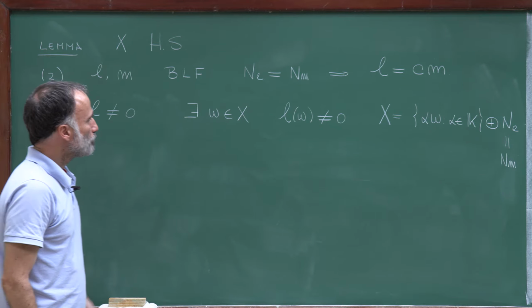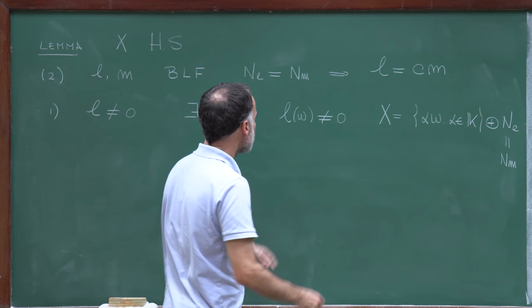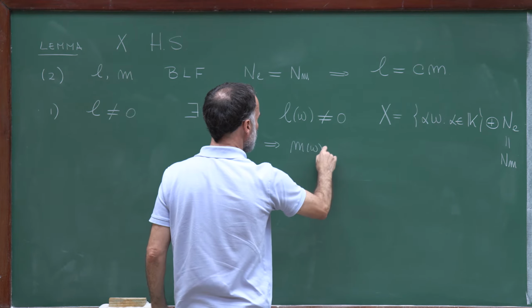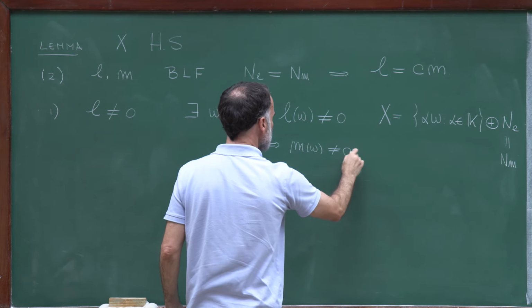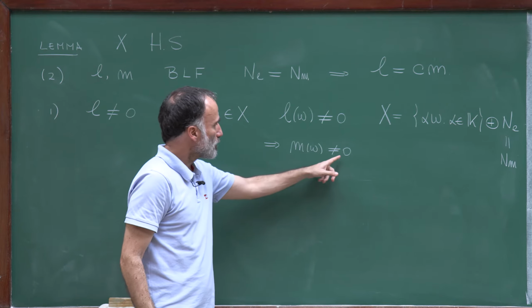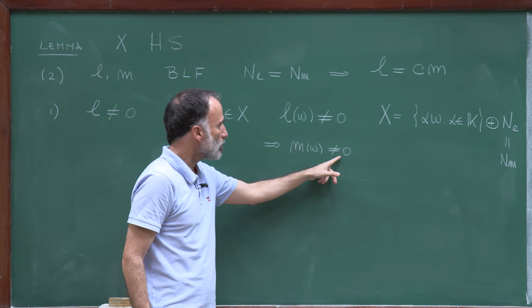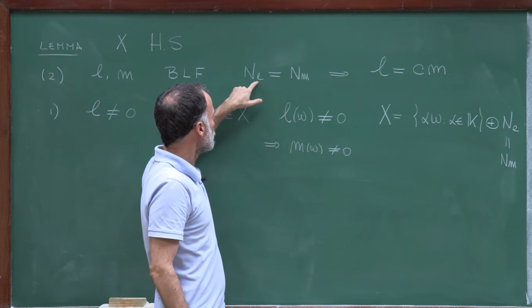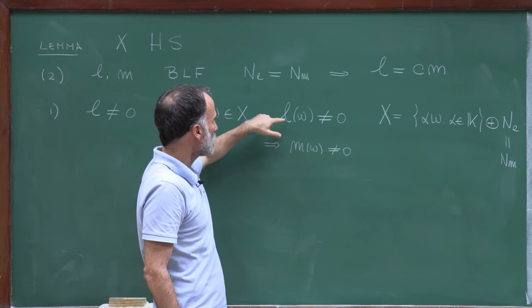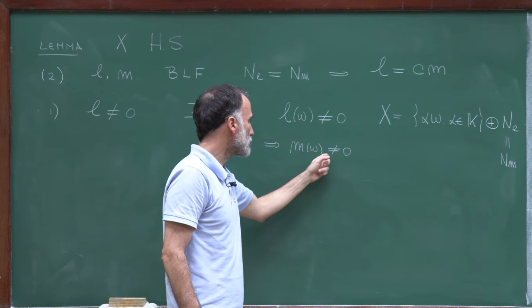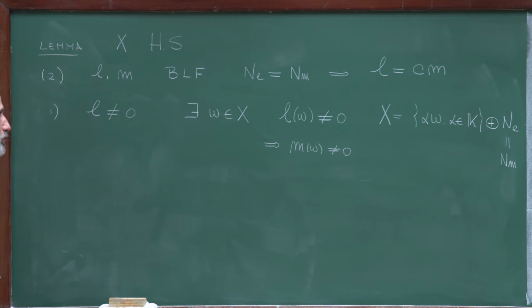And also, L of W being different from 0 implies that M of W is different from 0. Because if M of W were equal to 0, W would be an element of the null space of M, which coincides with the null space of L, and therefore L of W would be equal to 0. So since it's different from 0, we have that M of W is different from 0.